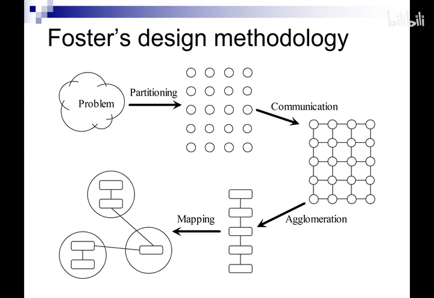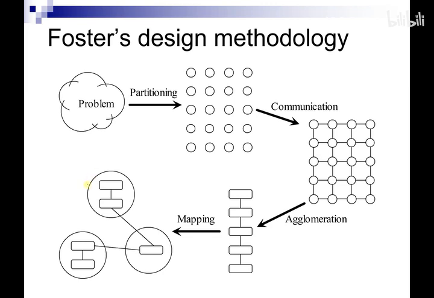Agglomeration means that we're going to take some of these small tasks and combine them into larger tasks. The reason for doing that is that we can reduce the amount of communication and then improve performance.